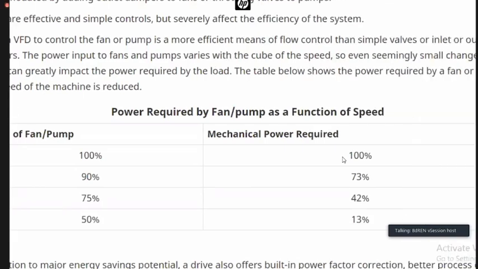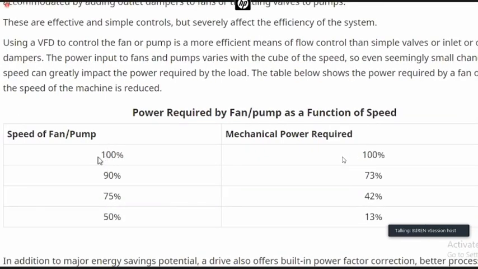We can see that if the fan or pump is running at 100% rated speed, then the mechanical power required will be simply 100%. But if you're running the pump at 90% of rated speed, then the mechanical power required is 73%. You're saving 27% just by reducing the speed by 10%.